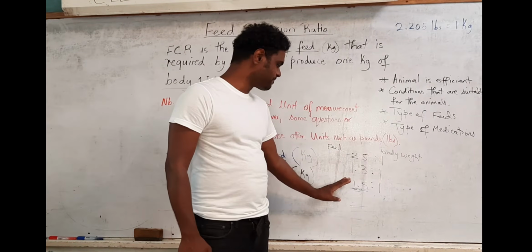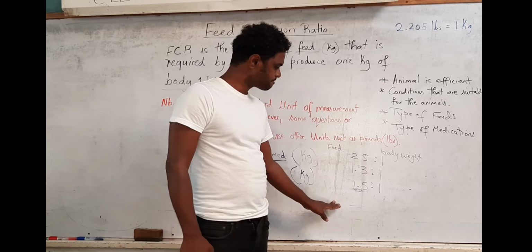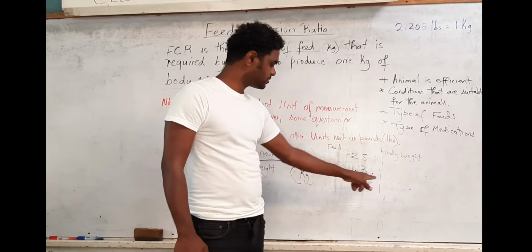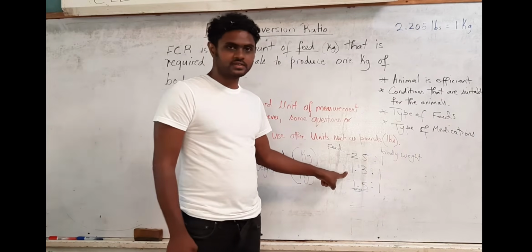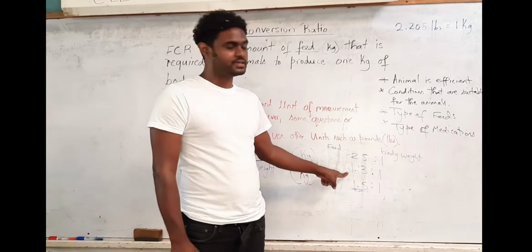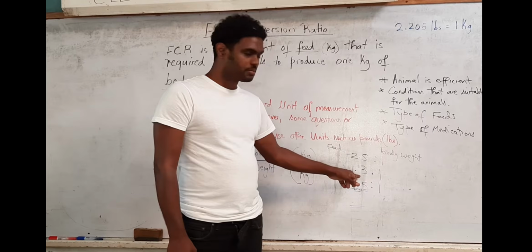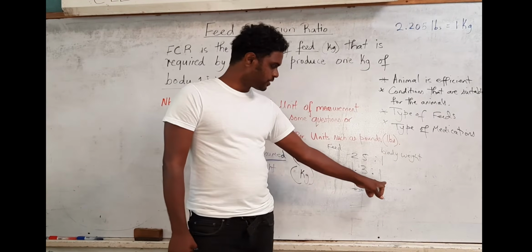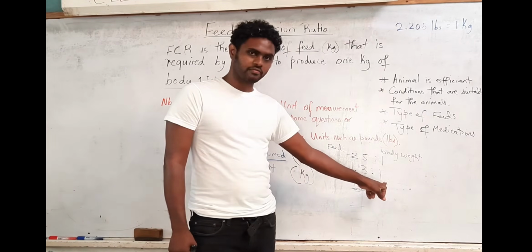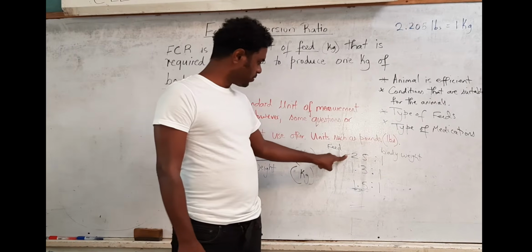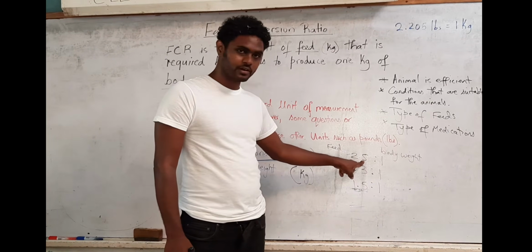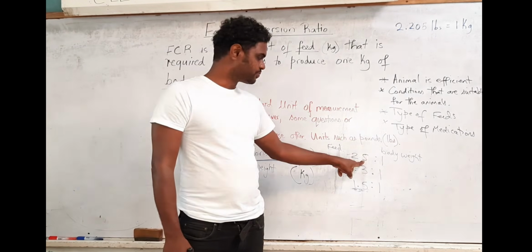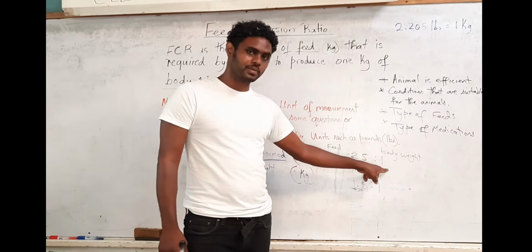The best one would be 1.3 to 1 kilogram, because the 1.3 is telling you that the animal eats 1.3 kilograms of feed to produce 1 kilogram of body weight. While the one at the top is telling you that the animals eat 2.5 kilograms of feed to produce that same 1 kilogram of body weight.